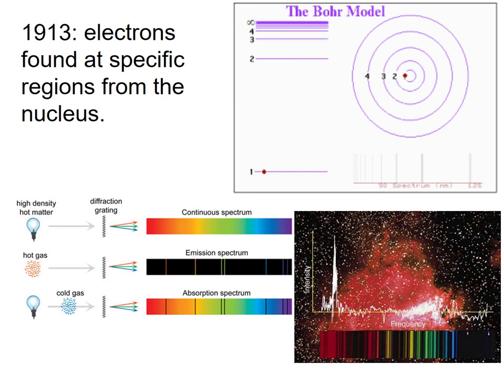In 1913, this is when Bohr did his Bohr model, and we found those electrons at specific regions from the nucleus. Bohr was the one that studied these emission spectra. The emission spectra tells what was released, and before the emission spectrum was the absorption spectra.